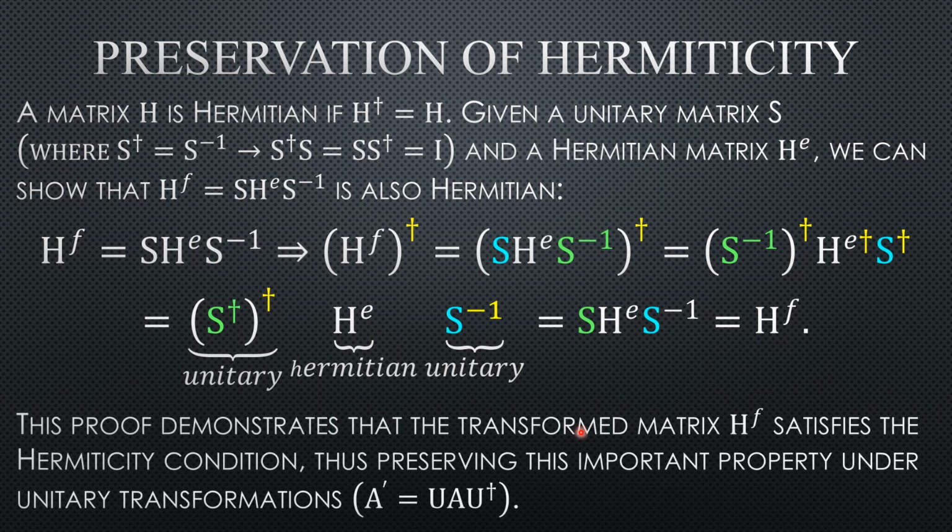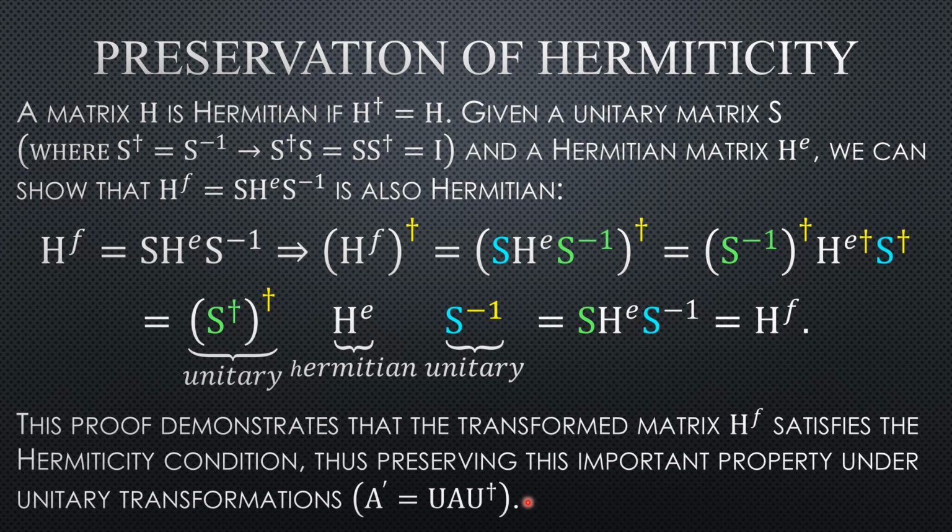So this proof demonstrates that the transformed matrix HF satisfies the hermiticity condition, thus preserving this important property under the unitary transform. And again, just for reference, the unitary that we saw in chapter 6 of this book and chapter 7 of the quantum mechanics book was U dagger, has the same form here, U dagger, but we see that U has to be unitary, so S inverse equals S dagger, which is what we see here, so that's why we just say it's a unitary transform.